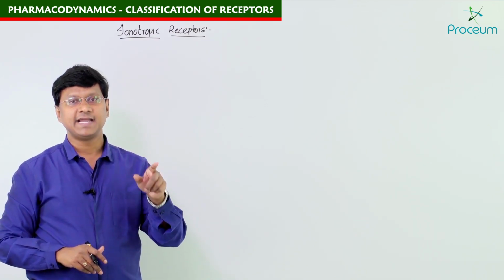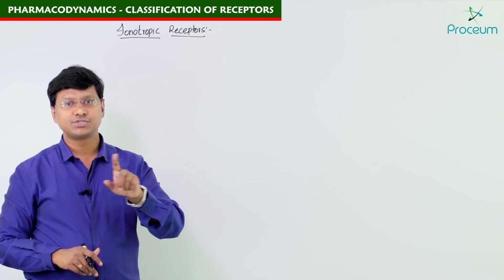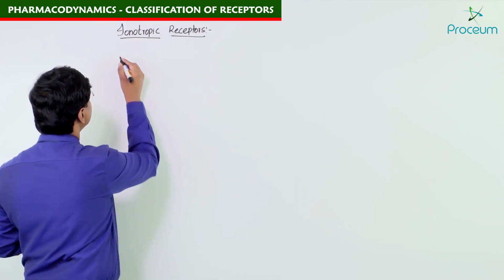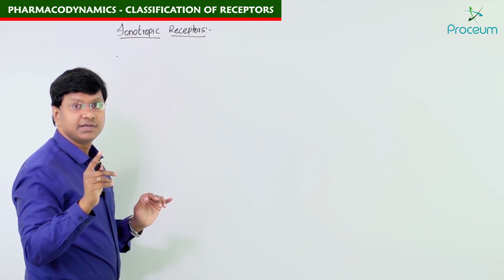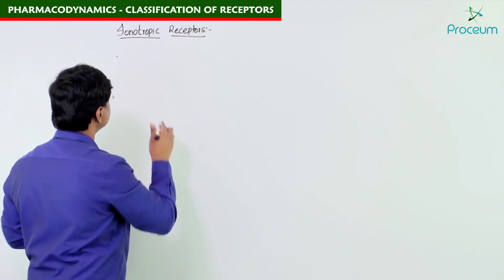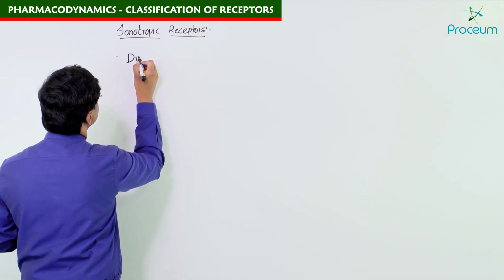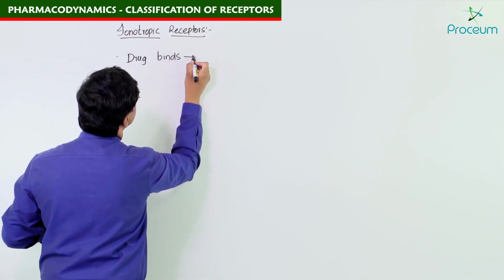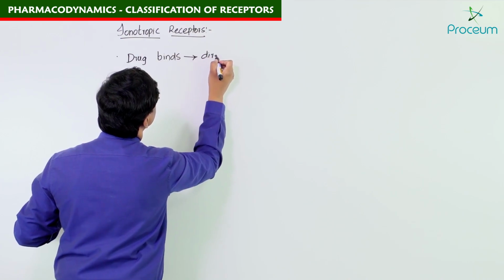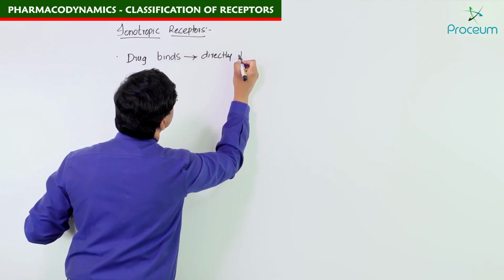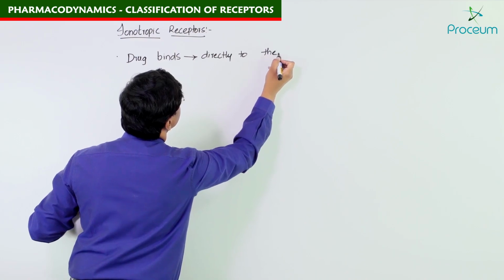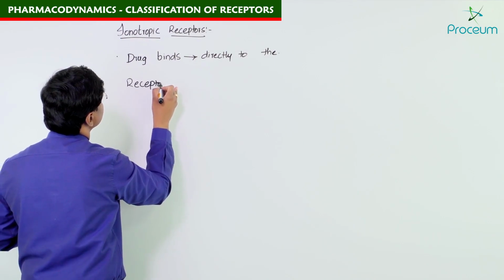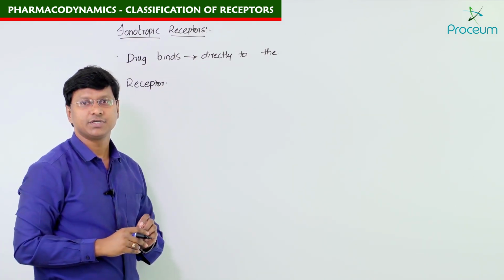For the activation of the ionotropic receptors, there is no requirement of G proteins. So the drug binds directly to the receptor.